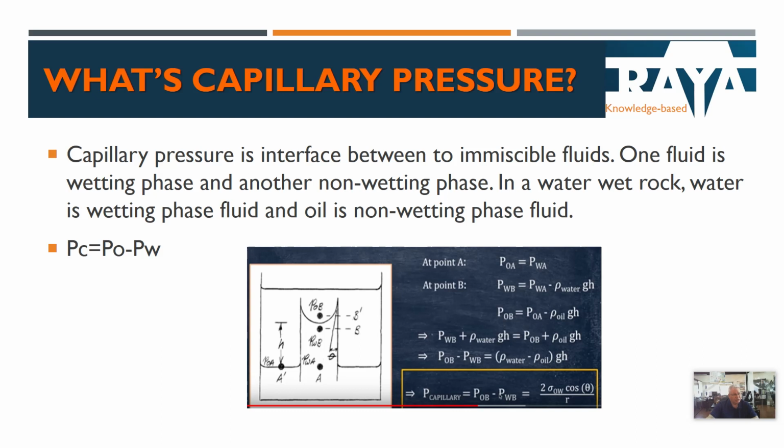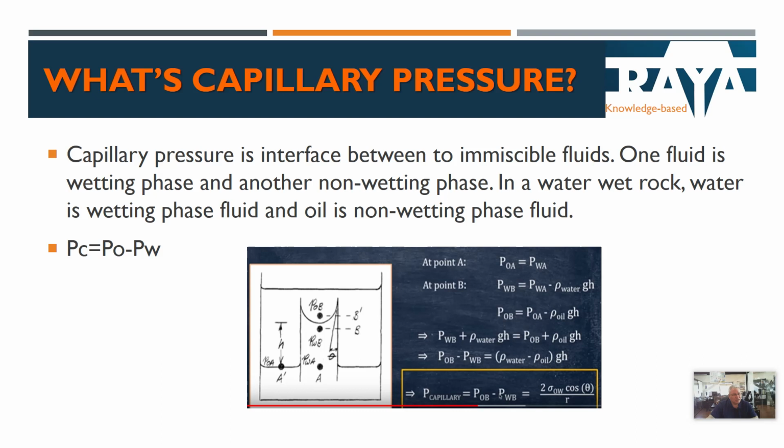When the fluids rise up, at point B, the capillary pressure will be oil pressure at point B minus water pressure at point B. And finally, we will have Pc equal to 2 sigma cosine theta over R.